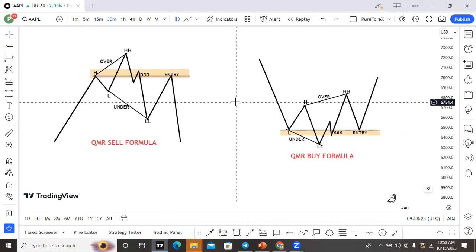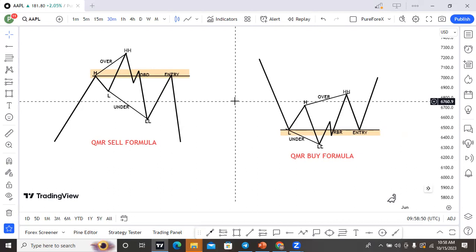If it is a QMR buy formula, we look for what? We look for bullish engulfing at the higher time frame as confirmation. Sometimes the market will not give us a bullish engulfing or a bearish engulfing, we can also use a full body momentum candle as confirmation. All right. So this is what we have to look for. When you find a QMR on M30, you look for confirmation on H1, H4 time frame.